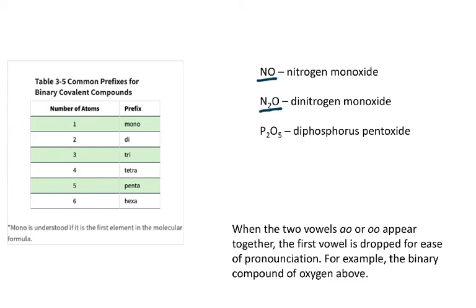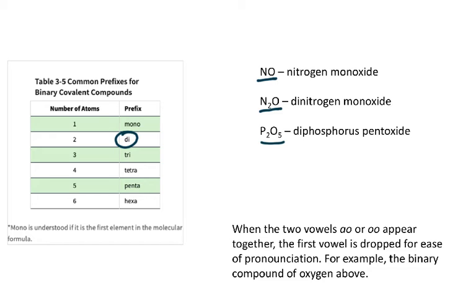But if it's N2O, now we do need to include the prefix on the first one. So it's dinitrogen monoxide. 2 N's, 1 O. Here's another example, P2O5. So the P2 is phosphorus, and there's 2, so it's diphosphorus.